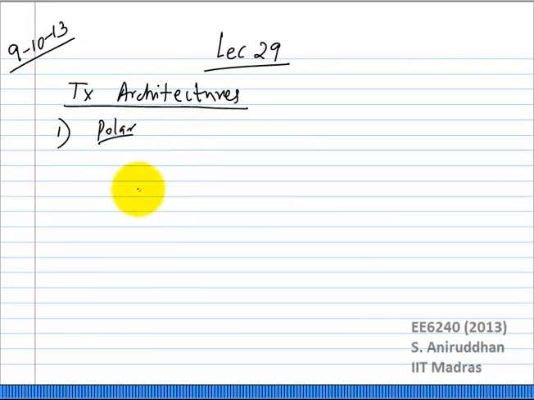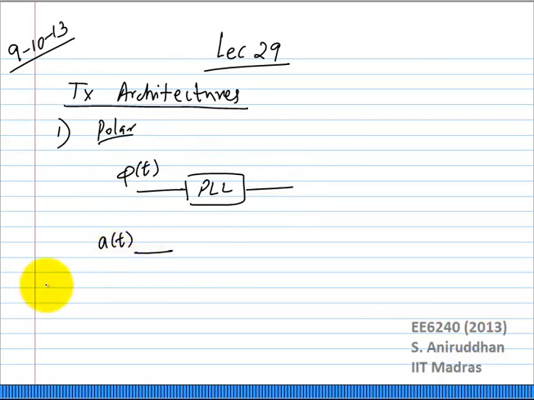In the polar case, I have this, and somehow I have A of t. This is my amplitude. Here at the input of the PLL I only have phi of t. At the output of the PLL, what I have looks like cos omega naught t plus phi of t.